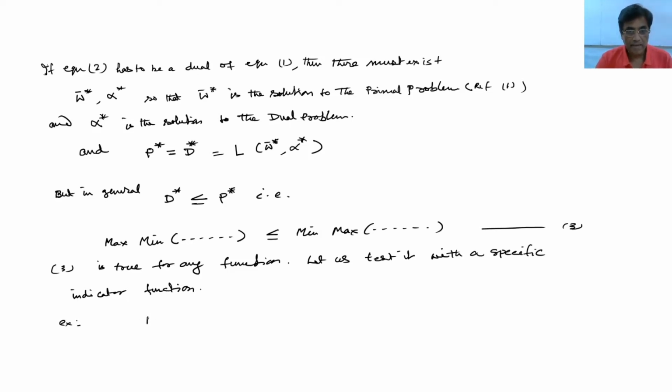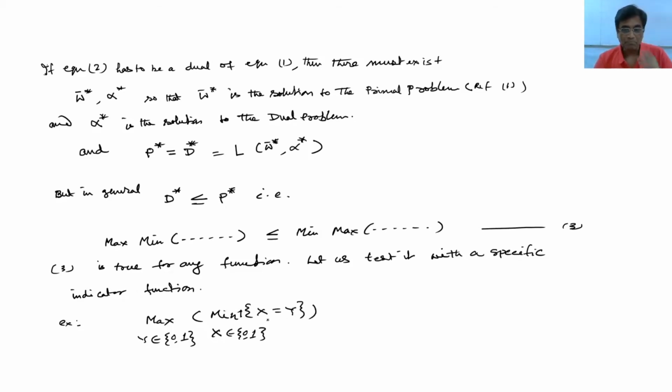Max over y belongs to 0 and 1, and then min over x, which also belongs to 0 and 1, indicator of x equals y.